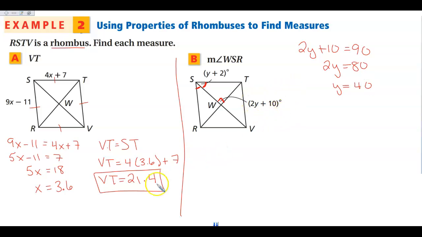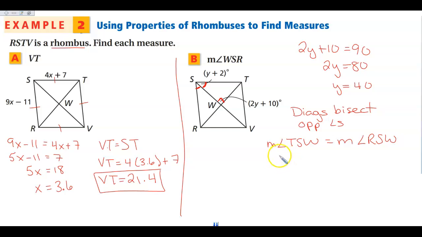All right, so now that y is 40, we are going to go ahead and take that and plug it in. So remember that the diagonals bisect the opposite angles. So I know that the measure of angle TSW is equal to the measure of angle RSW, which is what we want.